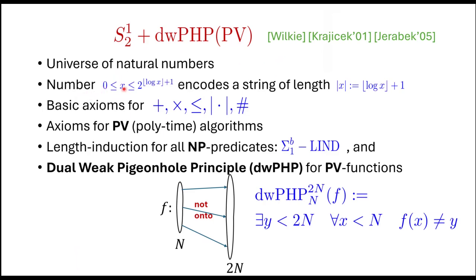Now a number x is something between 0 and 2 to the log x plus 1, by definition of x, so that's an obvious inequality for natural numbers, and we say it encodes a string of length size x, which is precisely floor of log x plus 1. So if I have a number, it can be of this size, but it can encode strings of this length.